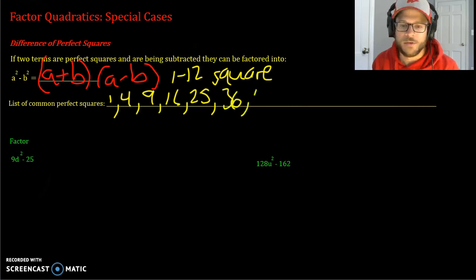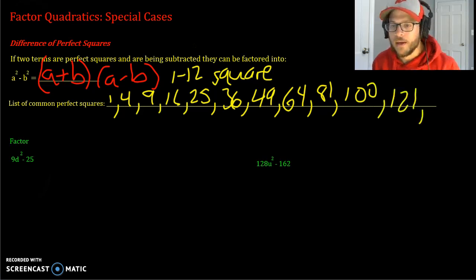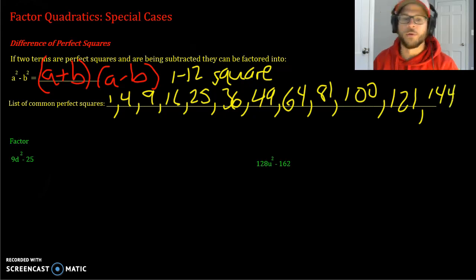That's 6 squared, so 7 squared is 49. 8 squared is 64. 9 squared, 81. 10 squared, 100. 11 squared, 121. And 12 squared, 144.